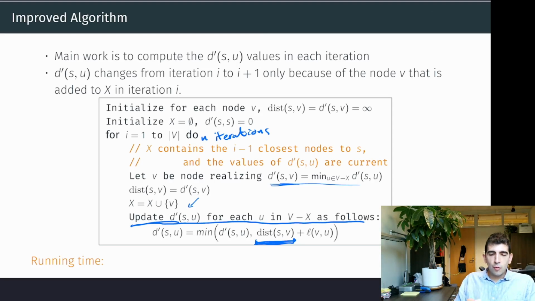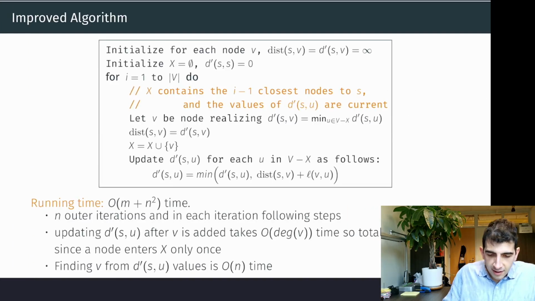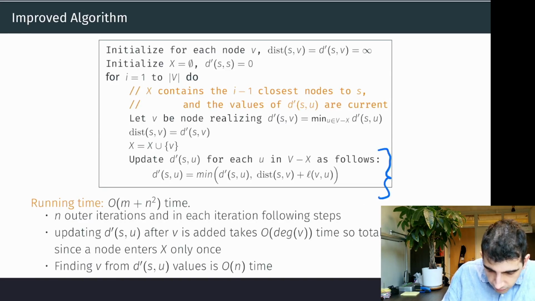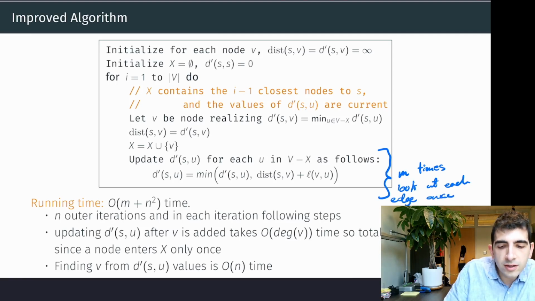Okay, so what is the running time for this algorithm now? Well, what do we know? We know we go through this work m times, right? We look at each edge once. Why do we look at each edge once?